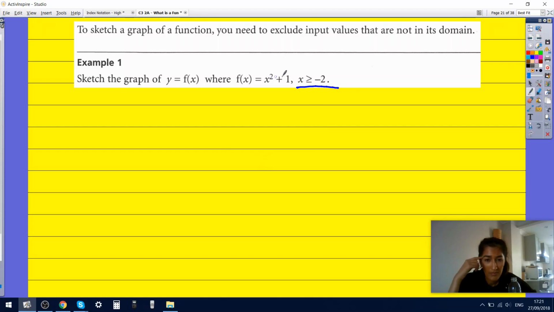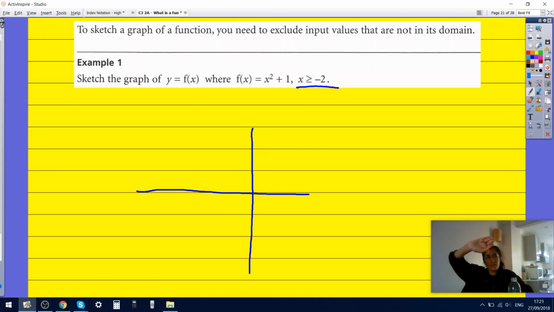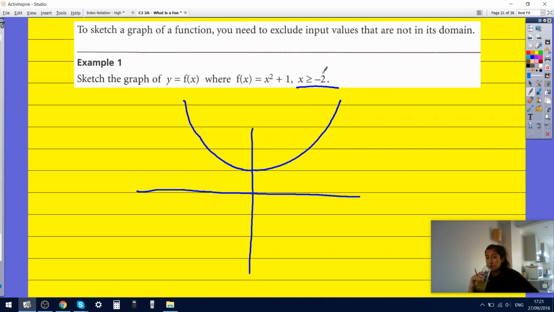So how would you sketch it if there was no domain thing? U shape, but up one. Yeah. So it would look like something like that. And because the domain has to be greater than or equal to minus 2, when x is minus 2, what do you get? 5.